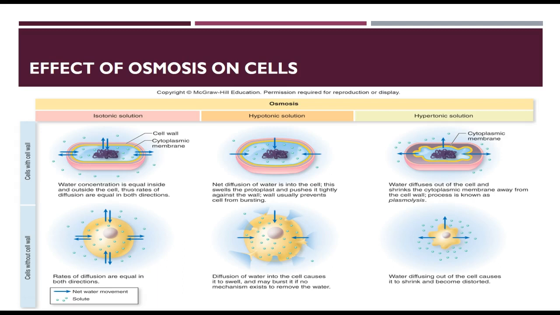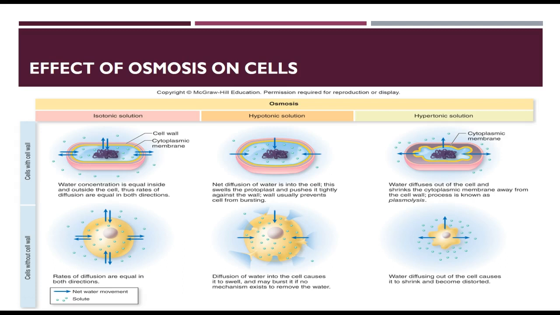So an isotonic solution is a solution where water moves equally into and out of the cell. So the rate of diffusion across the cell membrane is the same. Water is leaving the cell at the same rate that water is entering the cell. So the cell maintains its normal shape.